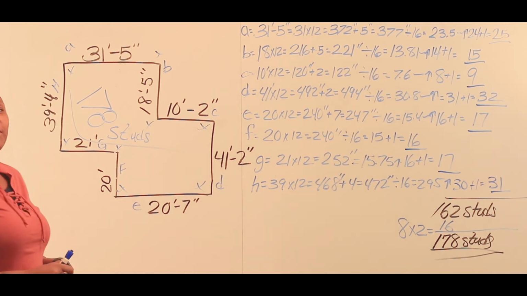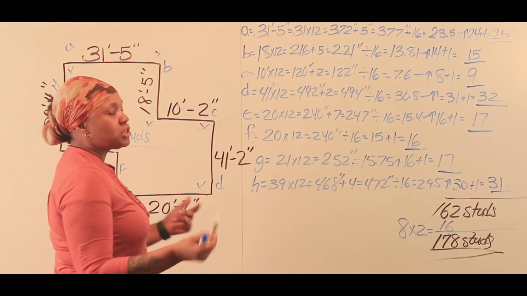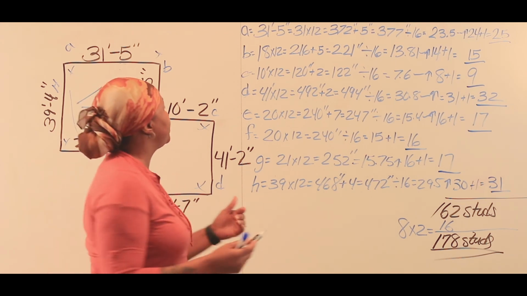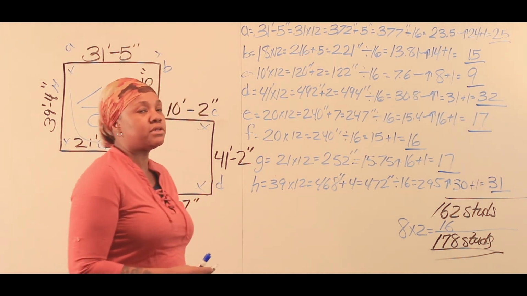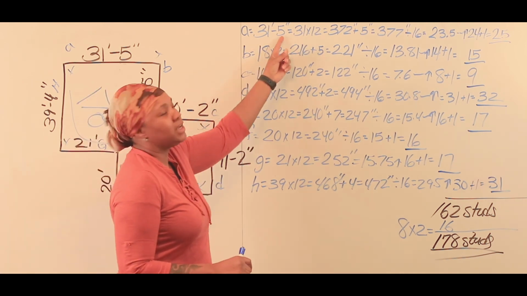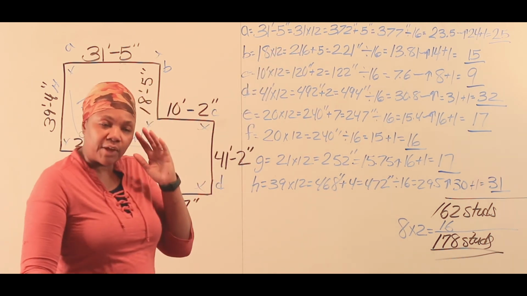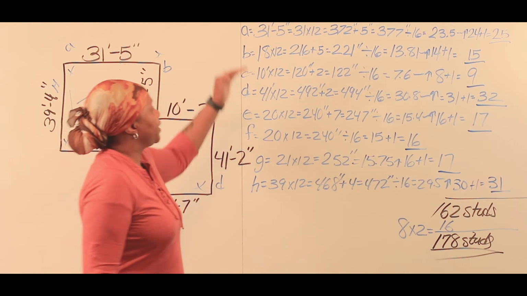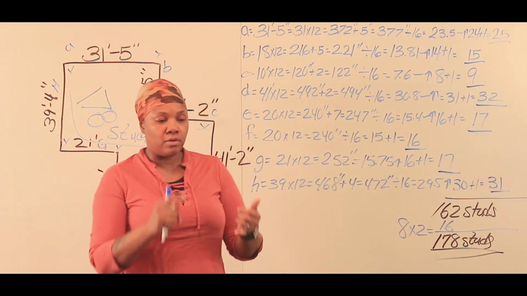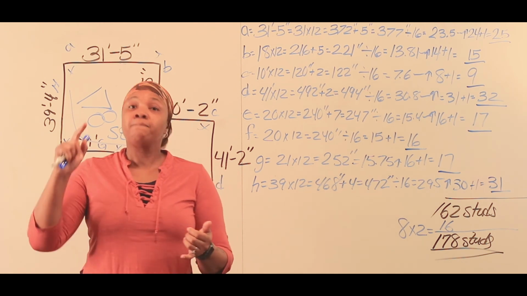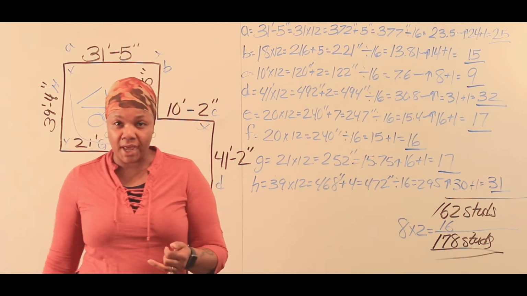There's no shortcut in this, y'all. Just like we did in the beginning with the freestanding walls, you work one wall out at a time. You don't want to convert the inches to decimal notation and feet. That's what people have been doing. You want to work it out just how we were doing it. How do we do stud count? Convert feet to inches. Add it to the inches you already have if you have inches.